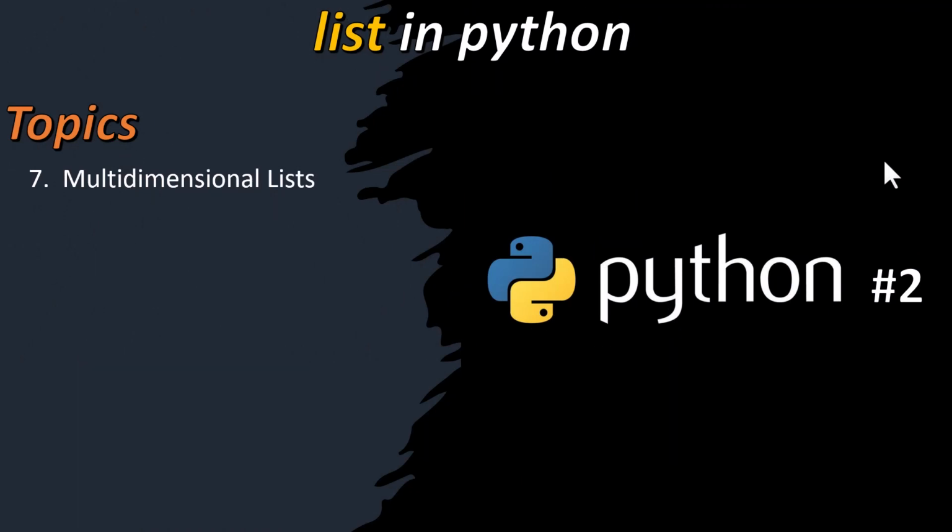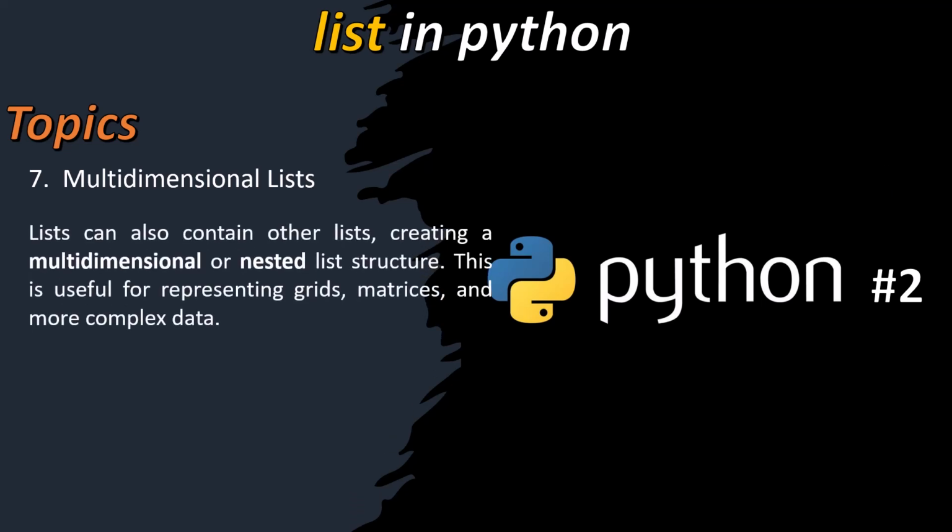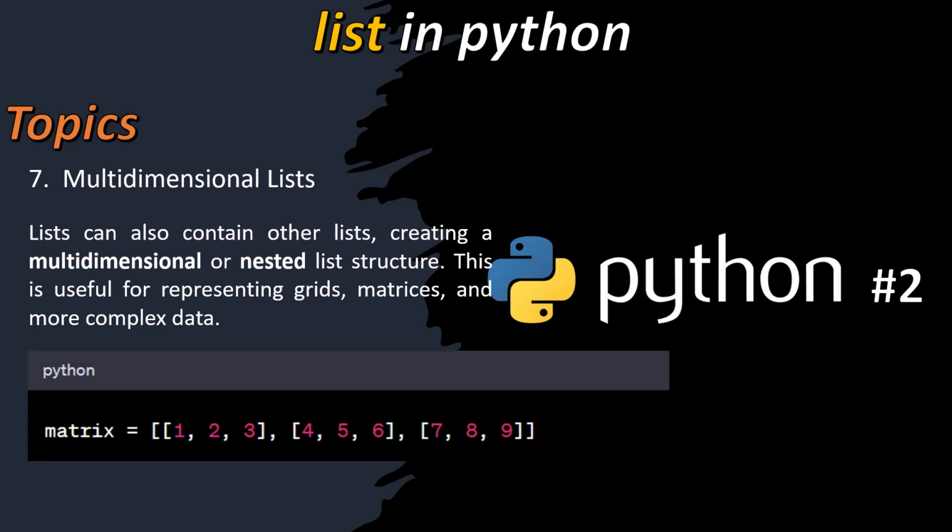Topic 7, multi-dimensional lists. Lists can also contain other lists, creating a multi-dimensional or nested list structure. This is useful for representing grids, matrices, and more complex data. Example, matrix equals a list made up of 3 lists.